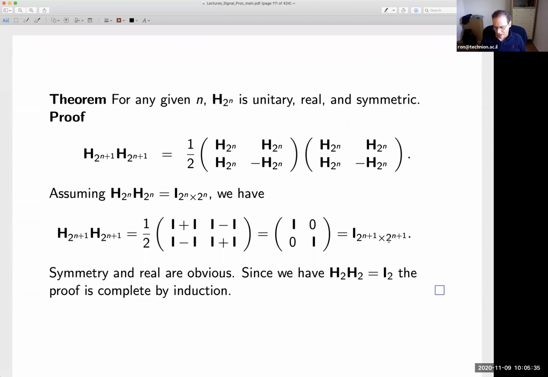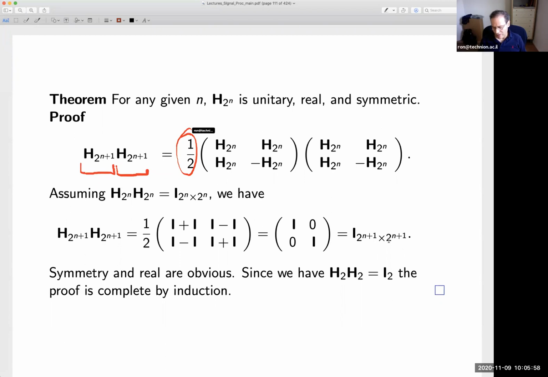Okay. So first of all, we look at the multiplication of two matrices of size 2 to the power of n plus 1. If I write it explicitly, I have 1 over square root of the first and 1 over square root of the second, so I get 1 over half.